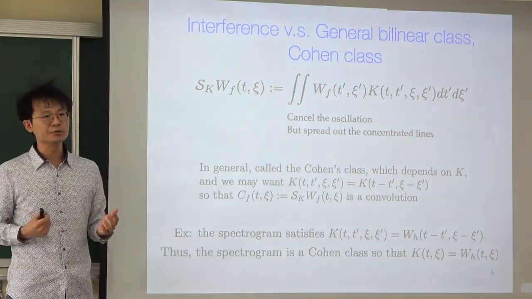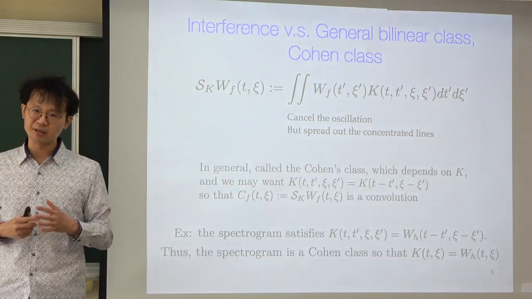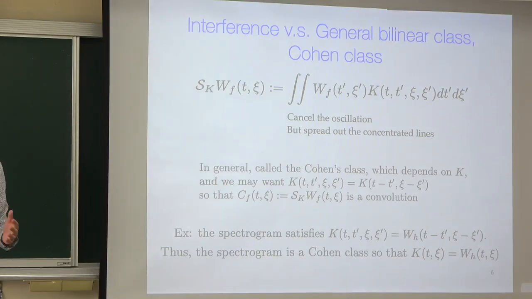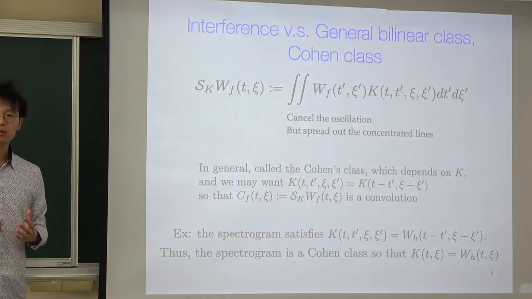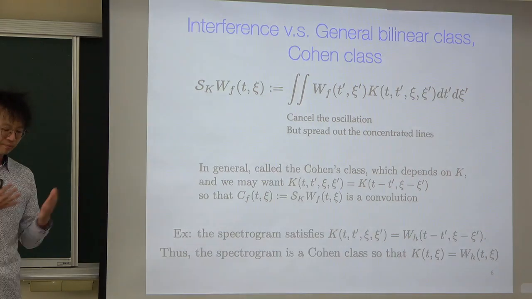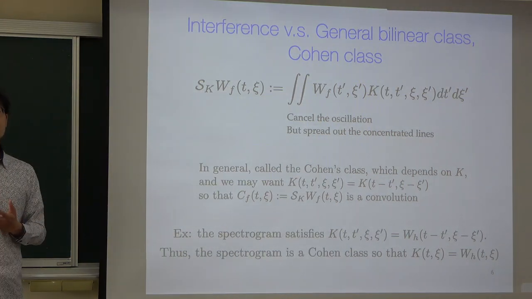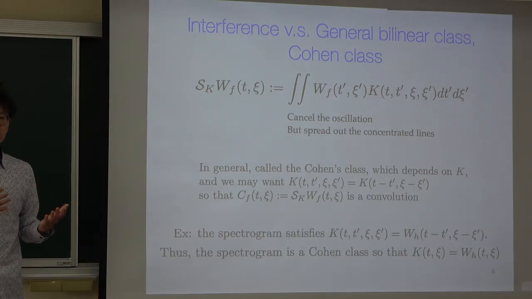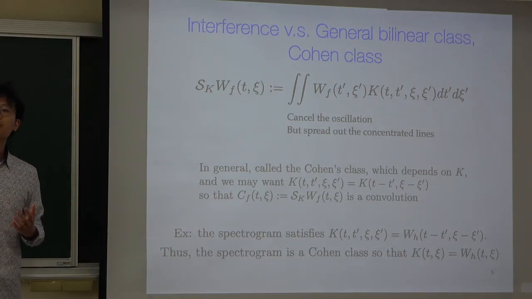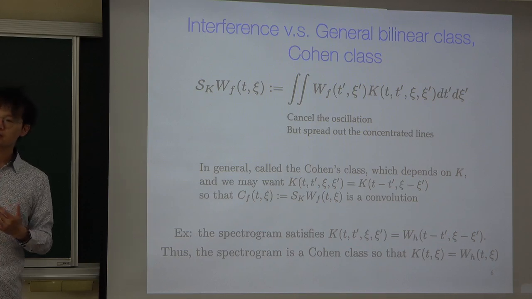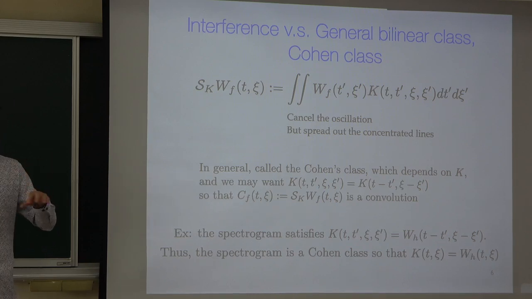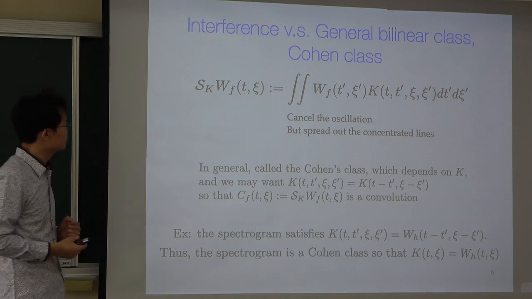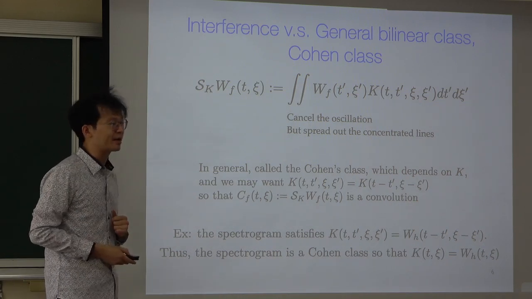I have shown you an idea of the cancellation, like spectral. And how to do it? You see that the interference actually has a high frequency oscillation. So maybe we can apply some kind of low pass filter to cancel the high frequency oscillation so that we can get the desired time frequency representation. Yes, that is the idea.